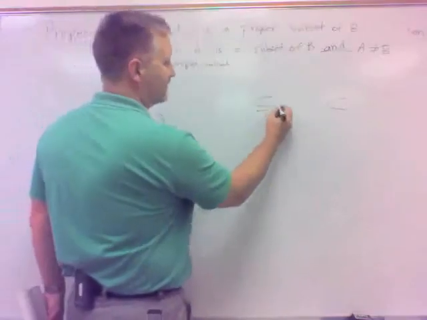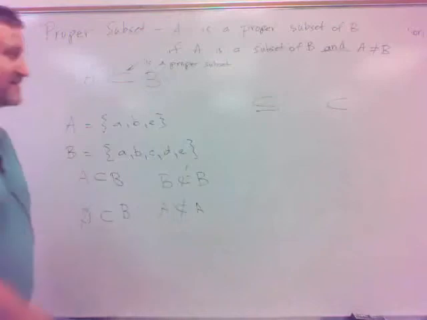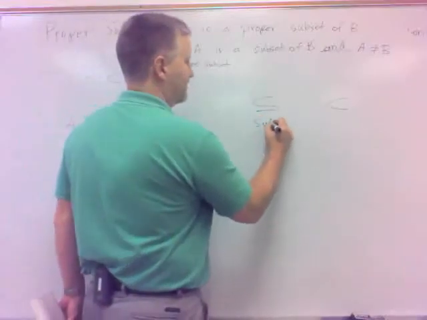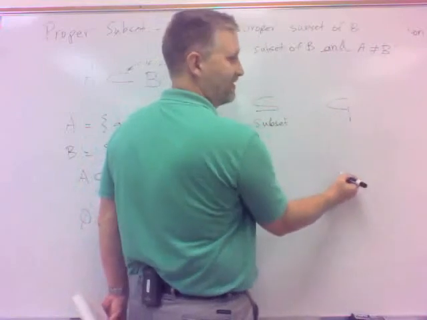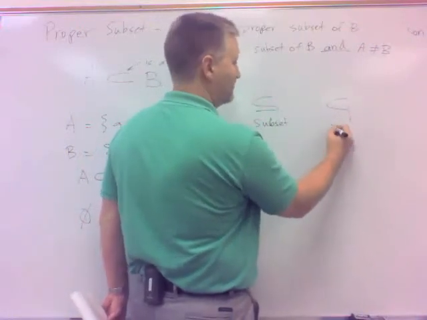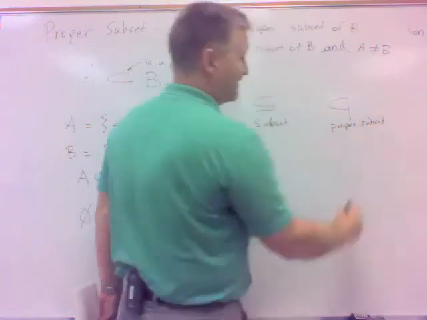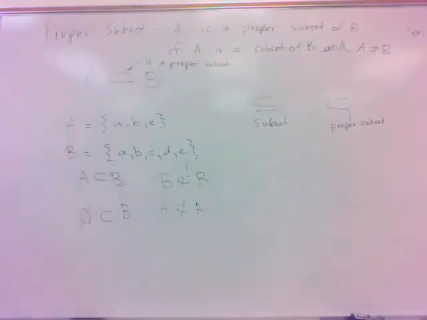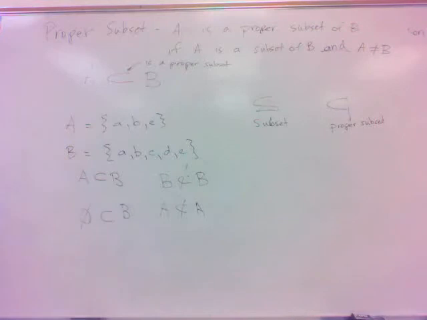If you look at this, you make a little connection there. That looks more like an S for subset. And if you look at this, think of that line there, that's more like a backwards P for proper subset. That's kind of a stretch, but it seems to work. I've told my classes that a couple of times now. It seems to help us keep it straight, because a lot of people were not keeping it straight before, but more often they are now since I mentioned that. So that's one way to keep it straight.